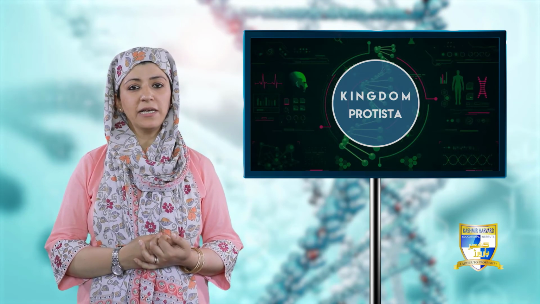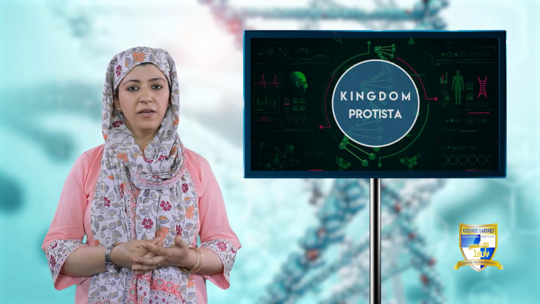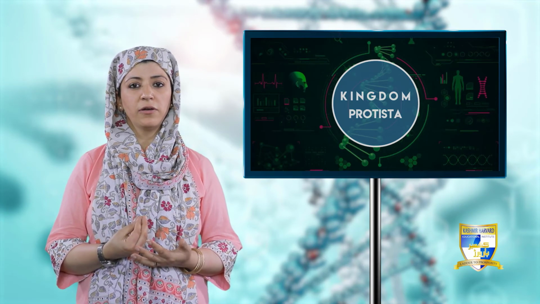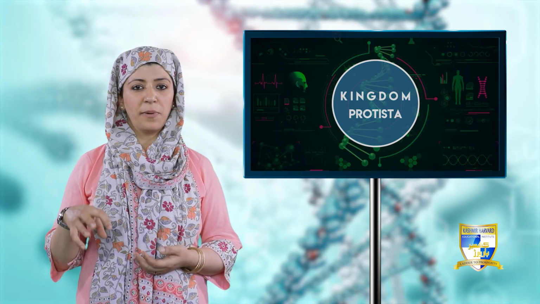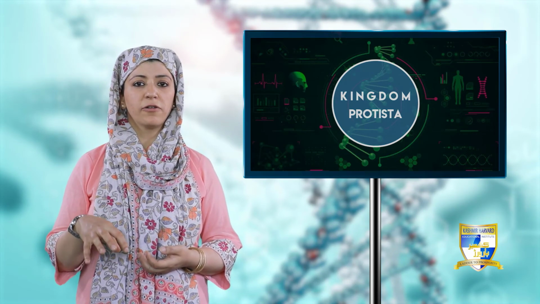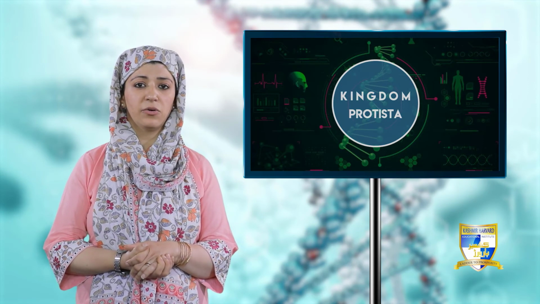Now what is budding? Budding is the formation of a bud on the body of the organism, and then that bud gets detached from the organism and is able to develop into a new organism. That is budding.